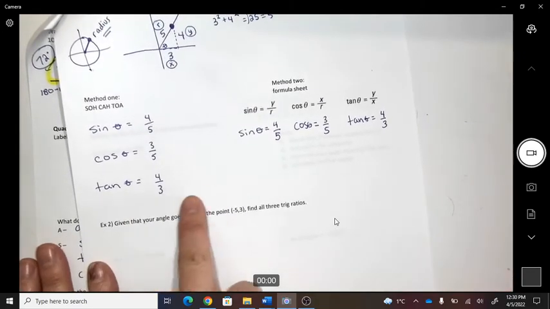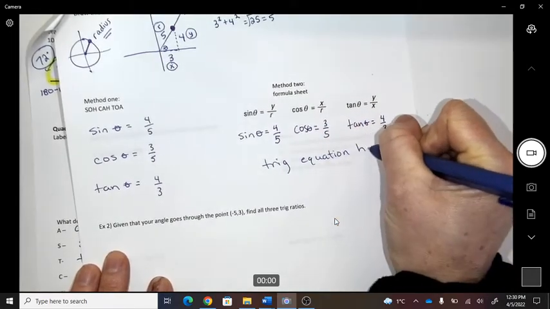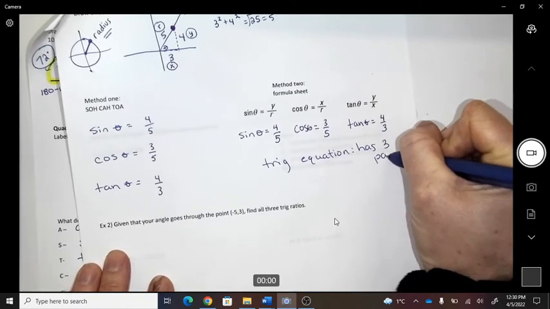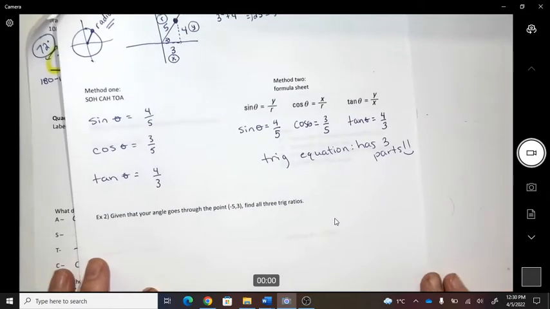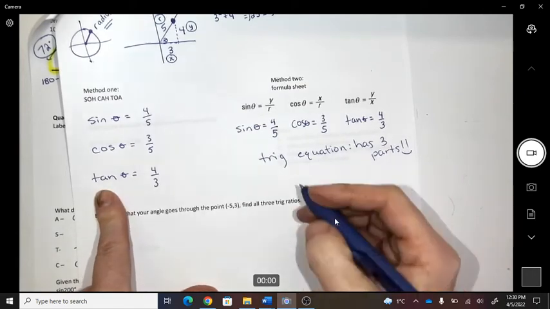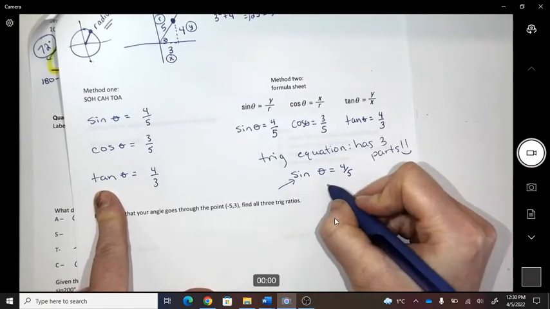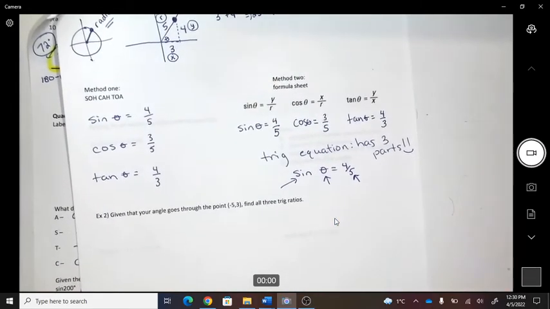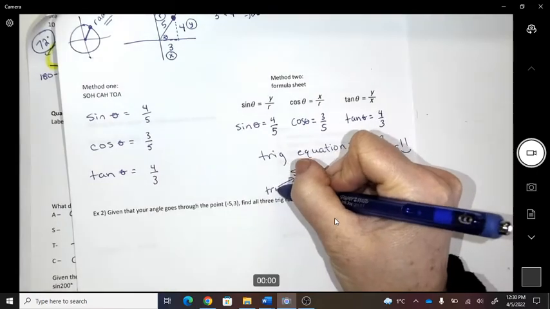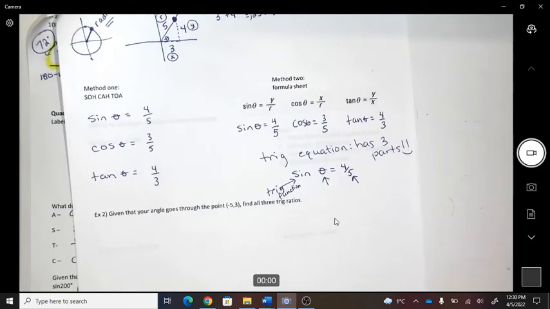Okay, did you also see when I'm writing a trig equation? It has 3 parts. A trig equation always has 3 parts. Do you see the 3 components? So you always will have those 3 breakdowns. You'll have the trig function, so sine, cos, or tan.